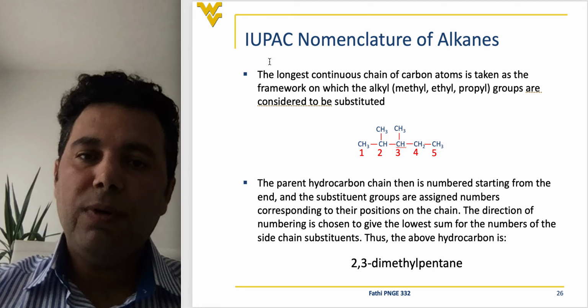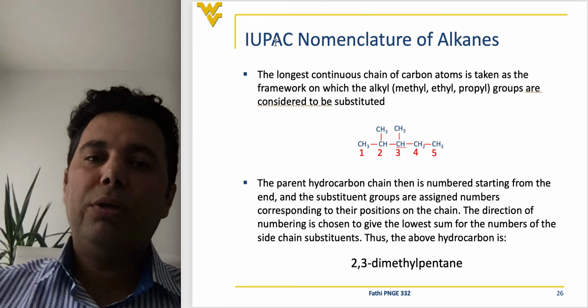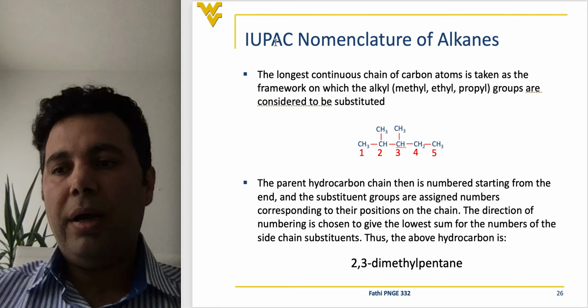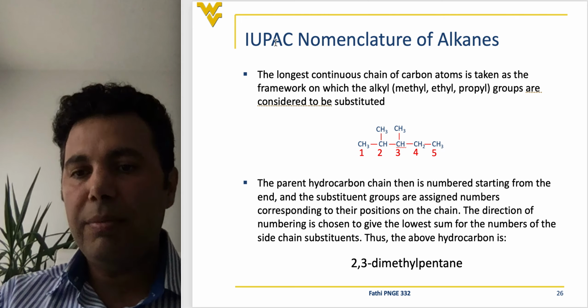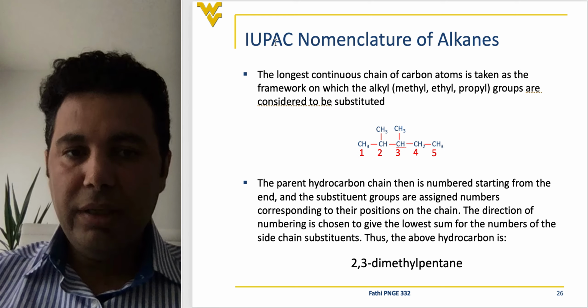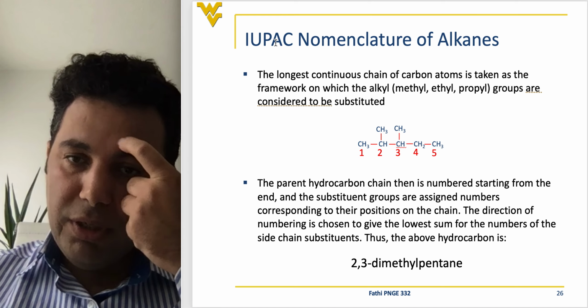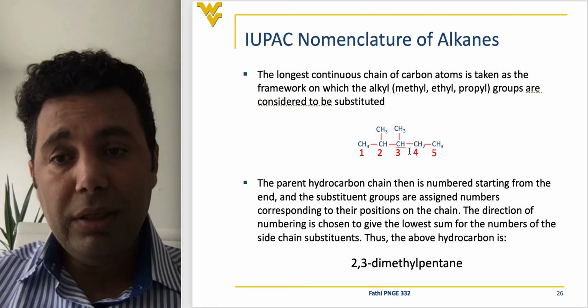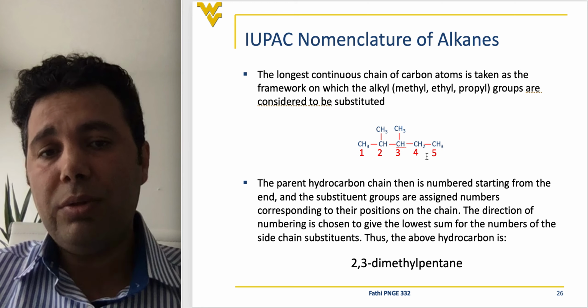We are going to follow the IUPAC nomenclature. This is a very straightforward way of naming these components. The way it works is, first I look at the structure. Like here, I'm looking at this structure. They're all single bonds, so I know this belongs to the alkane.